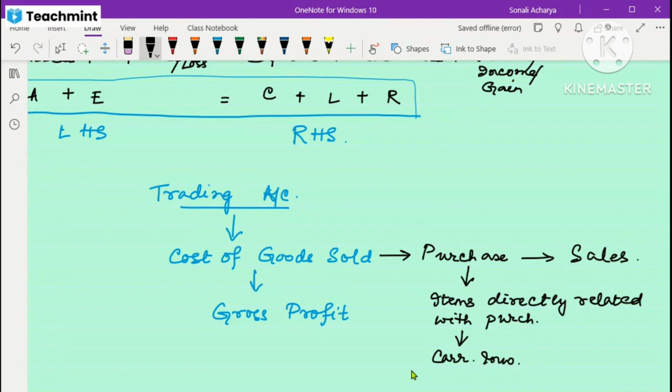Cartage, import duty, these are all related to purchase, so these items will appear in the trading account.